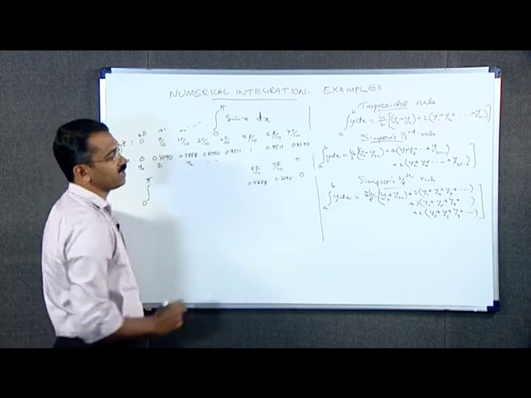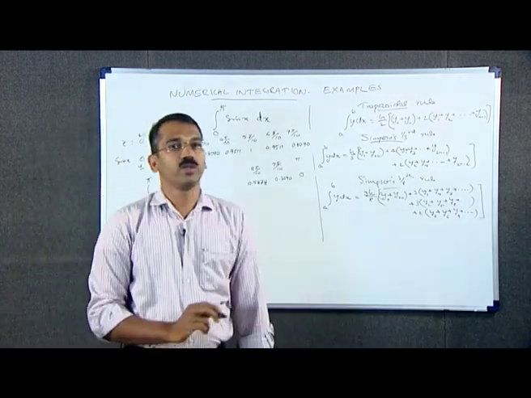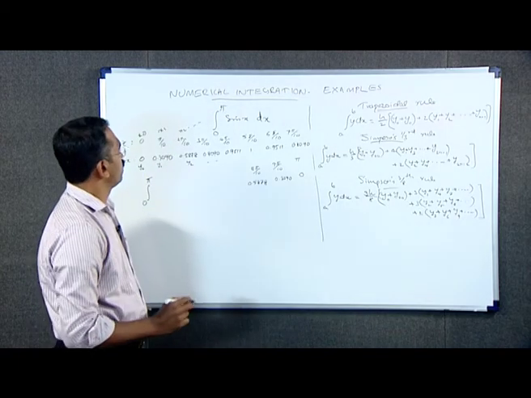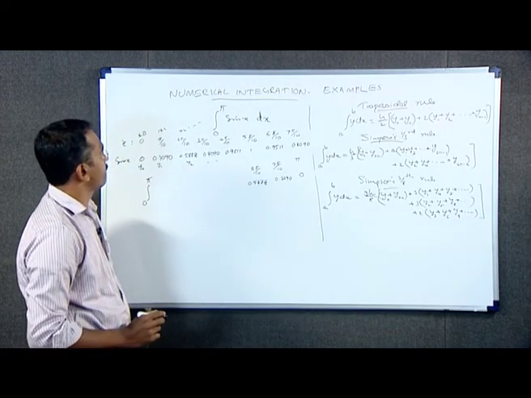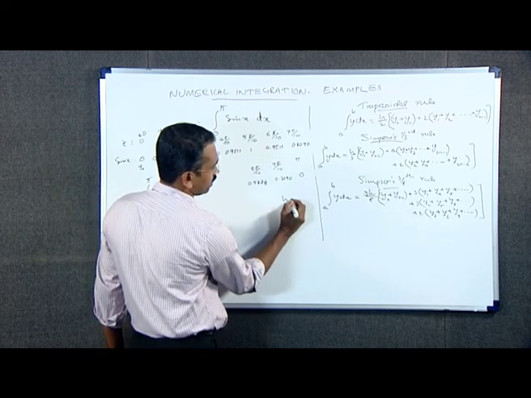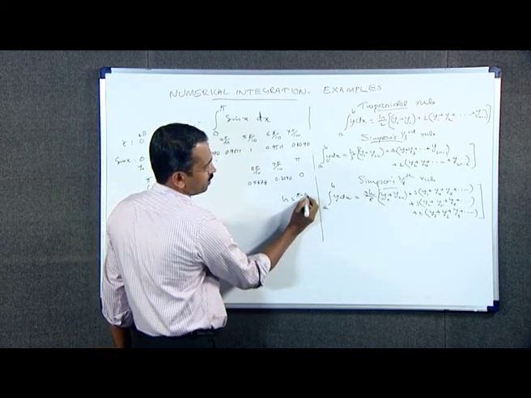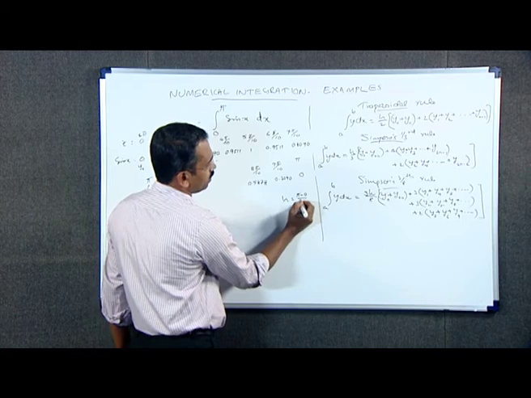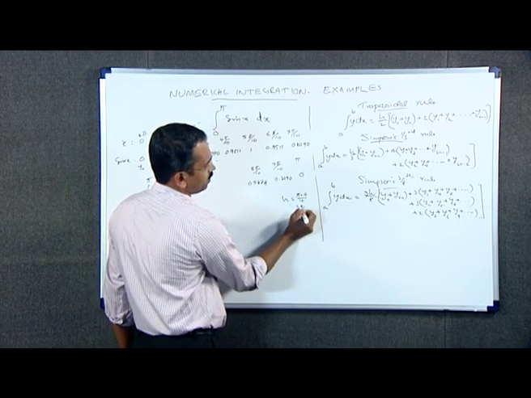Here h is equal to pi by 10, since h is taken as pi minus 0 divided by 10.